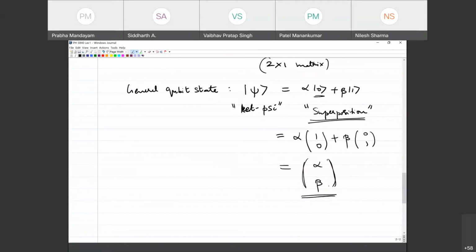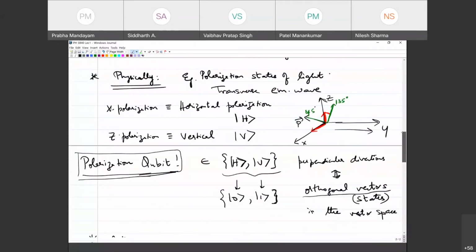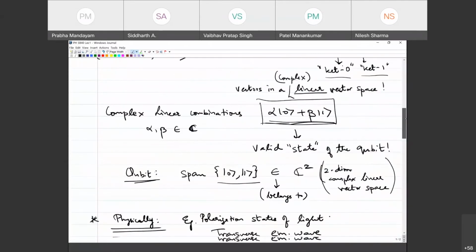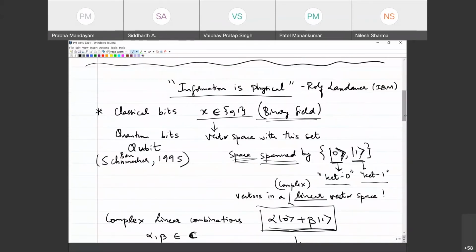So what have we done so far? We have tried to contrast the classical bit from a quantum bit, right? And we simply said for now that a quantum bit is something that exists in a vector space as opposed to a binary field.